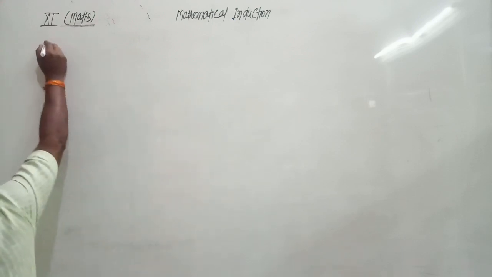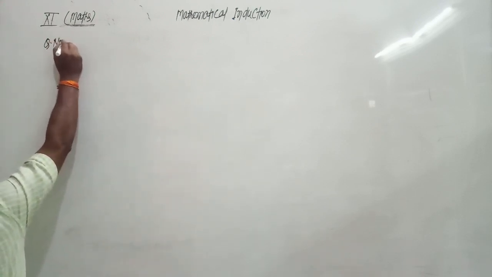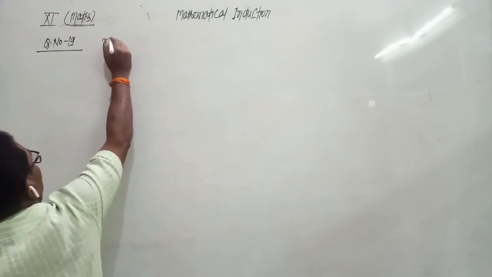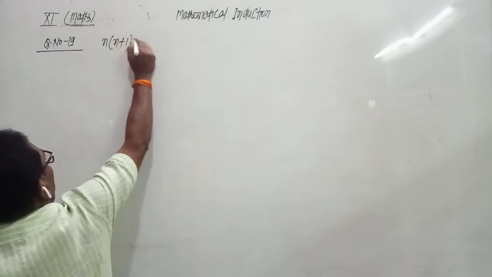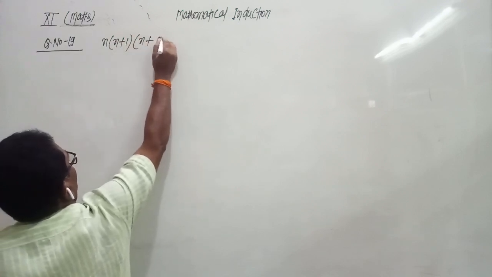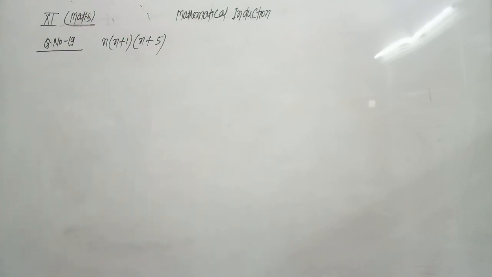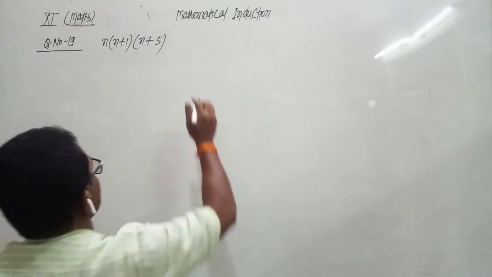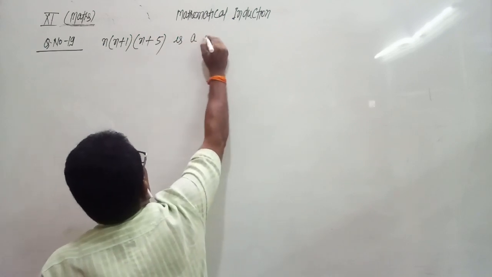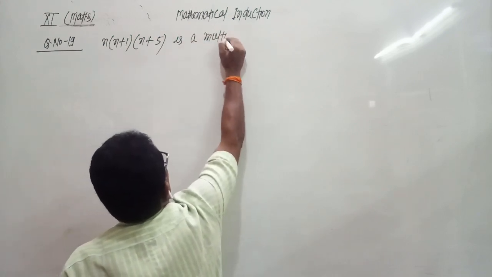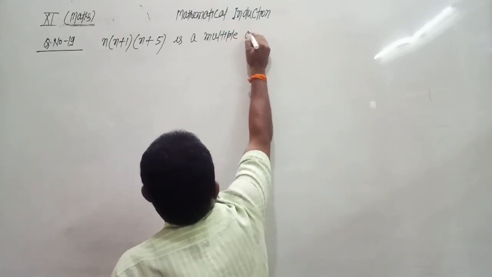Now we discuss question number 19. n into n plus 1 into n plus 5 is a multiple of 3.